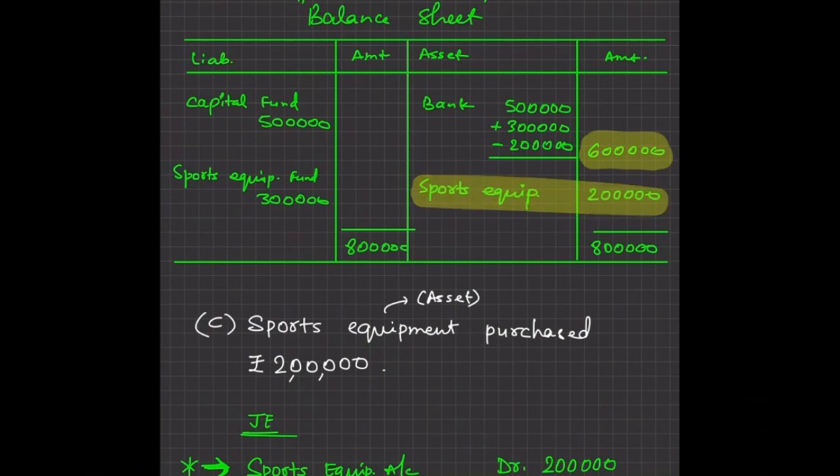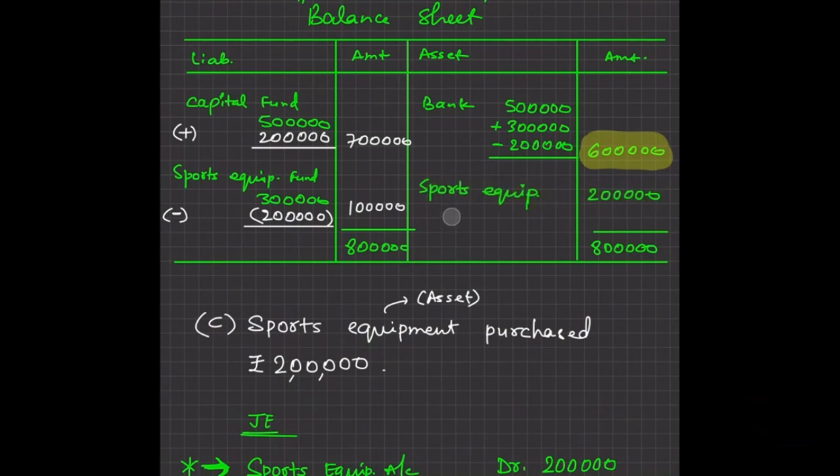So your sports equipment balance will be reduced by 2 lakhs. Now the new sports equipment fund balance would be 1 lakh and it will be transferred to the capital because you have used this fund. Okay, so in this way, my accounting treatment would be complete.